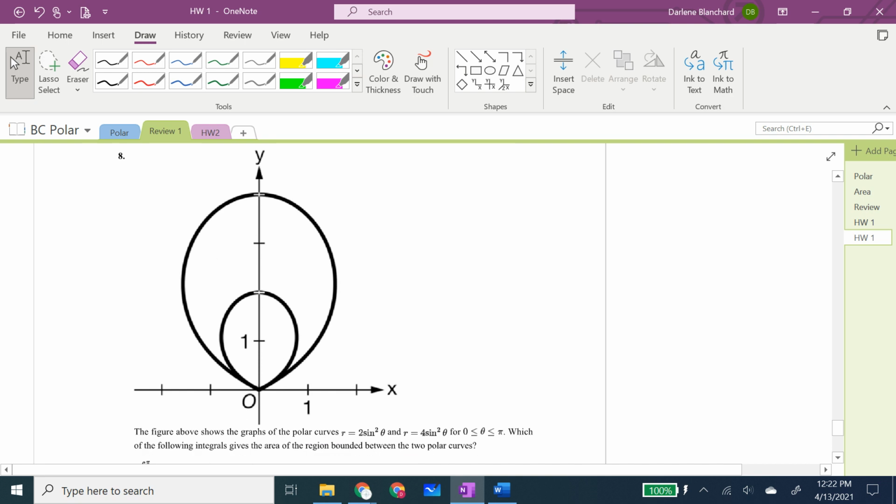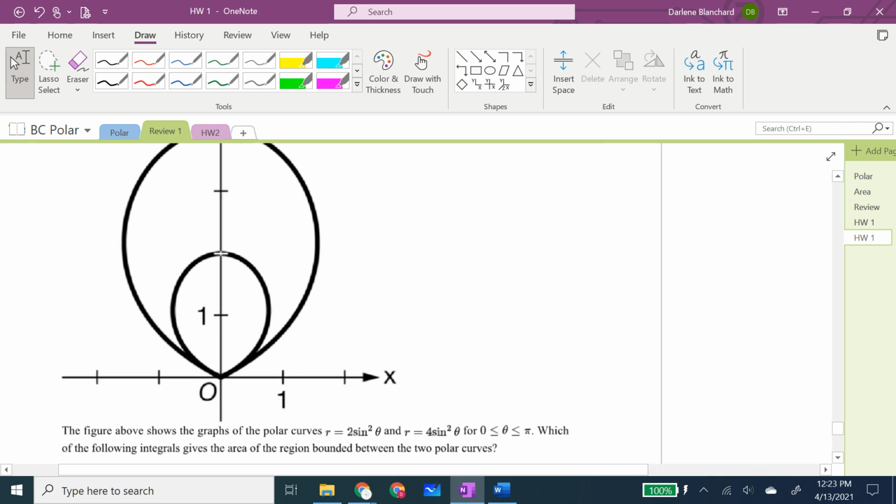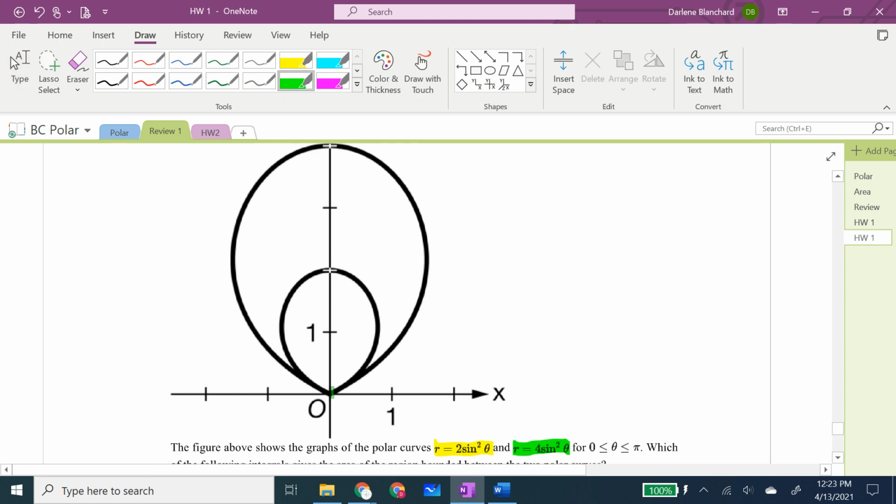So, number 8, the last problem. Now, all it says is there are 2 r values. It does not specify which graph is which, but the fact that you've got a 2 versus a 4 multiplying, you should see that this larger loop is going out further.